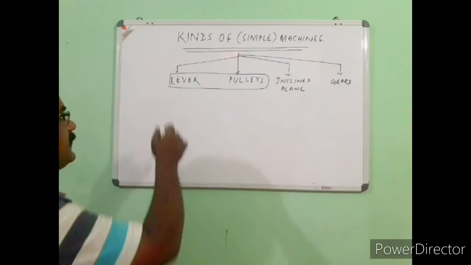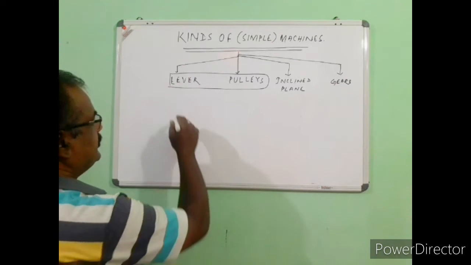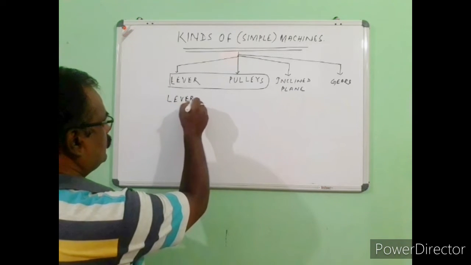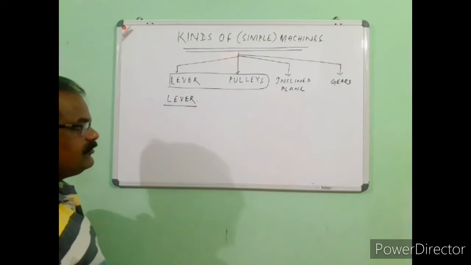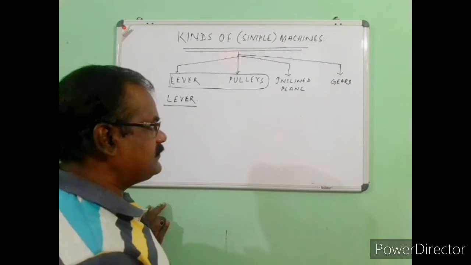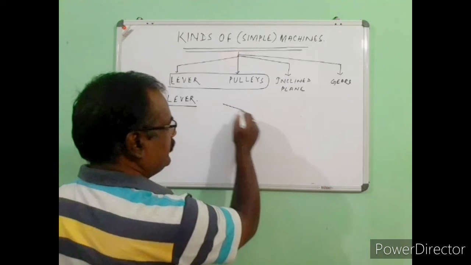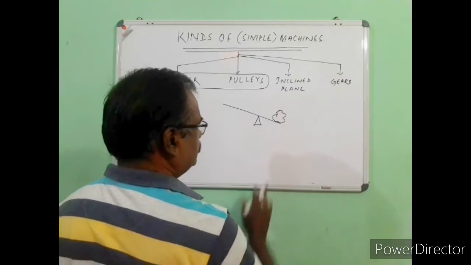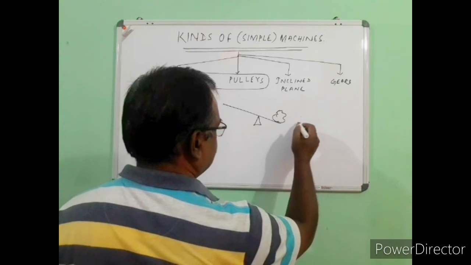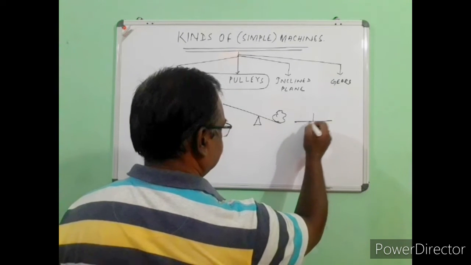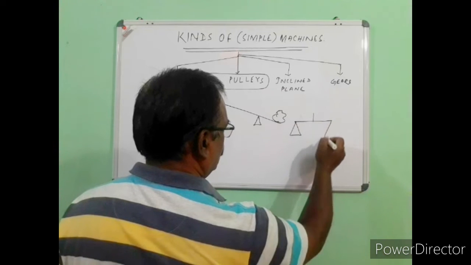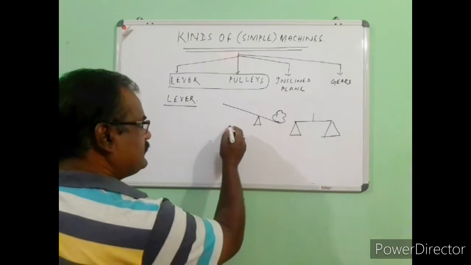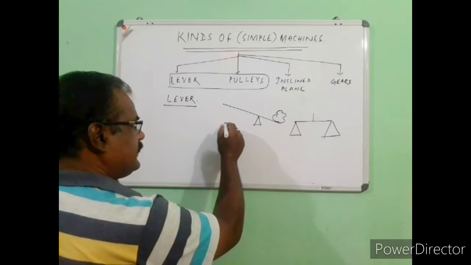Now the first type of simple machine is the lever. You must have seen different types of levers in your day-to-day life. For example, a simple crowbar which is required to lift a load, or a physical balance, or even a simple machine such as a cricket bat.